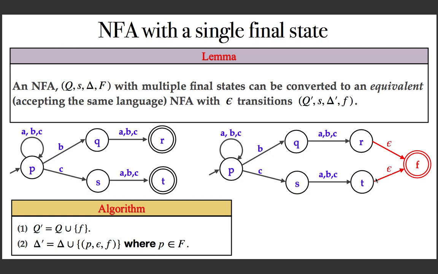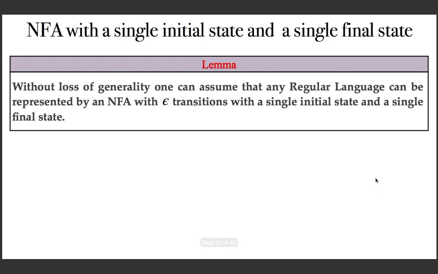So with this, we can have a lemma saying that without loss of generality, one can assume that any regular language can be represented by an NFA with epsilon transitions having only a single initial state and a single final state.